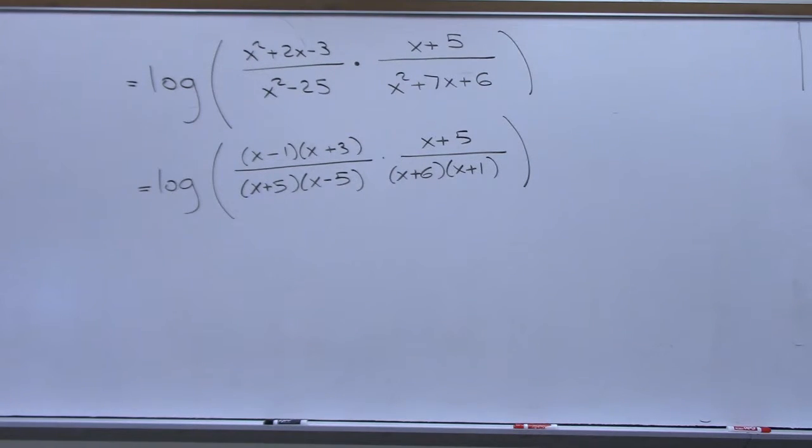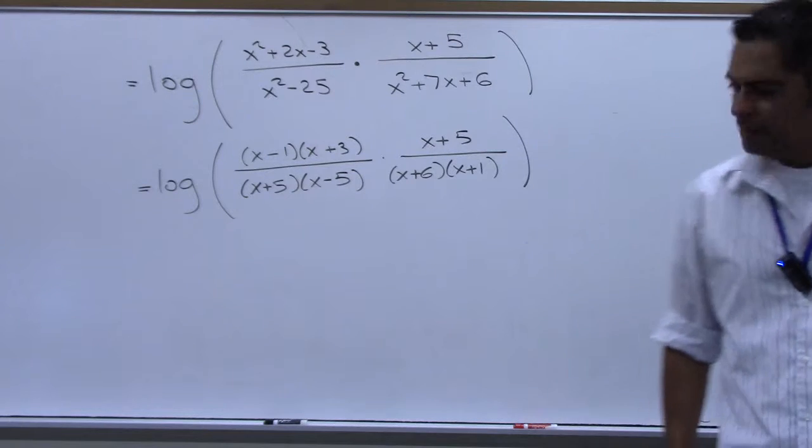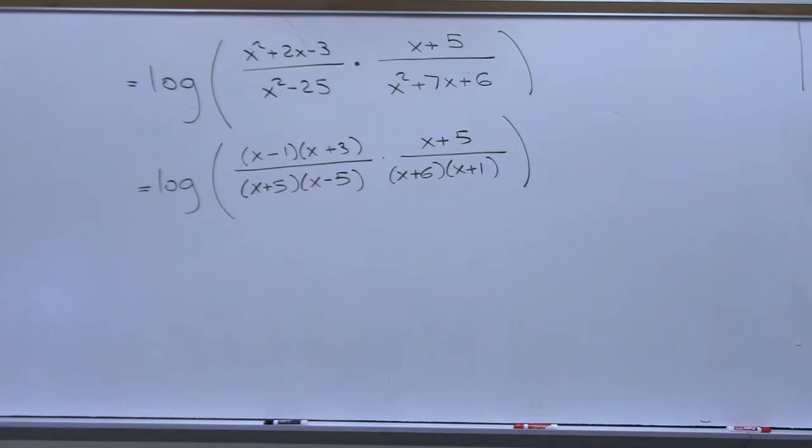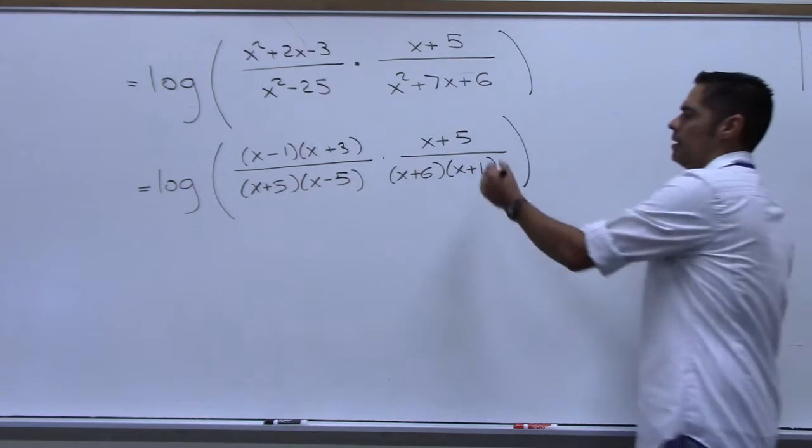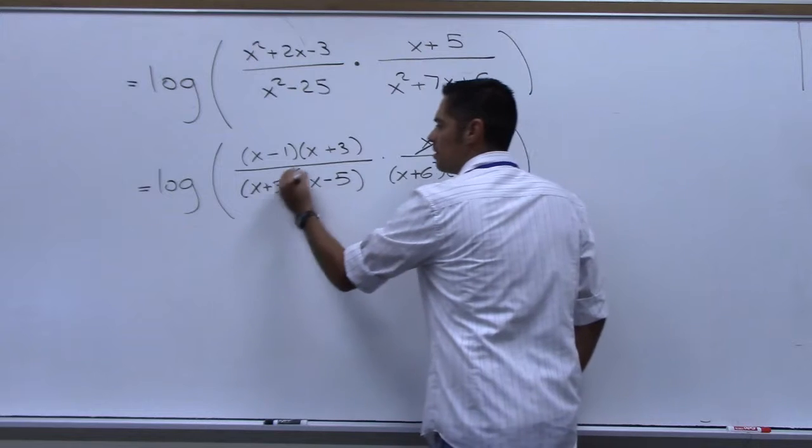Did I get that factored correctly? It only took him 15 seconds. That's it, right? I only see one thing that cancels. I was hoping more would cancel, but that's all.